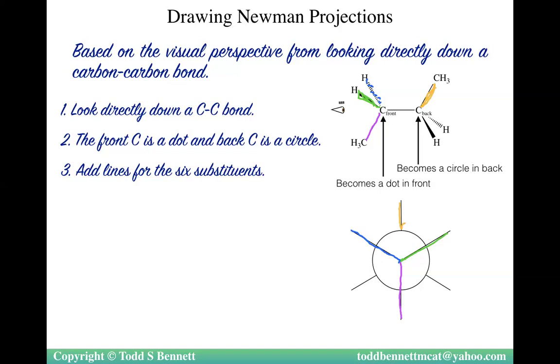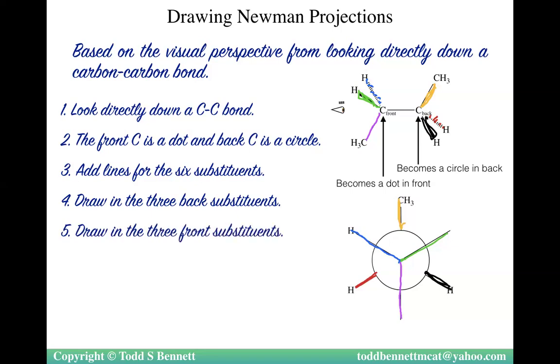So this one's going back, so this one, and finally this one's coming out, so that's this one. So hopefully you can see this color coordination. That helps. Okay, so the CH3 sticking up, the H on that one, the H on that one. And then in front, this H is going to be on the blue, this H on the green, and this CH3 on the purple. So draw the front substituents, back substituents, and then you're done.